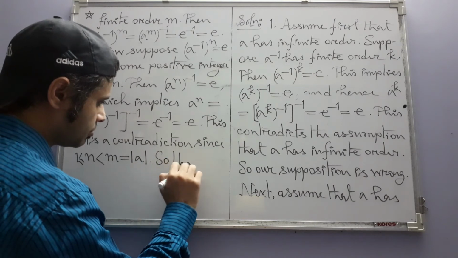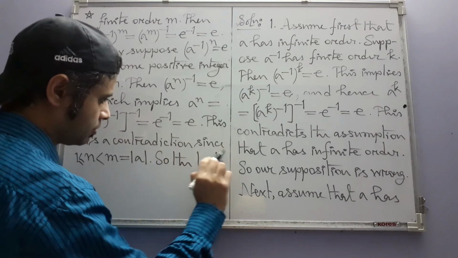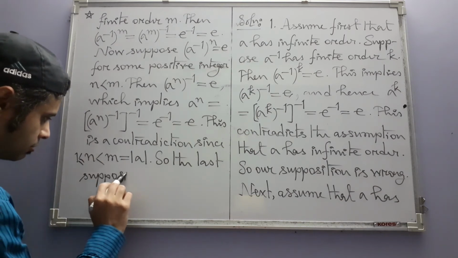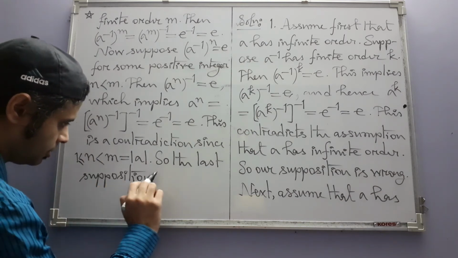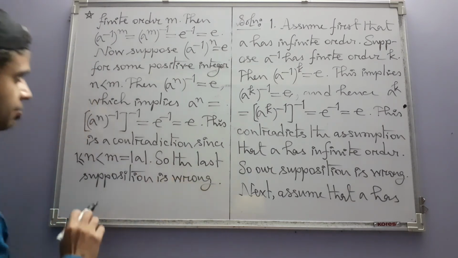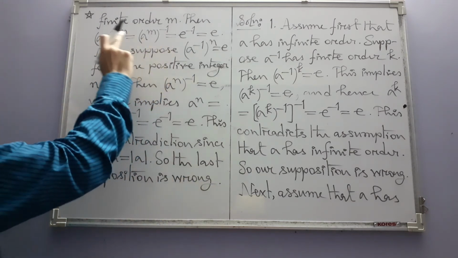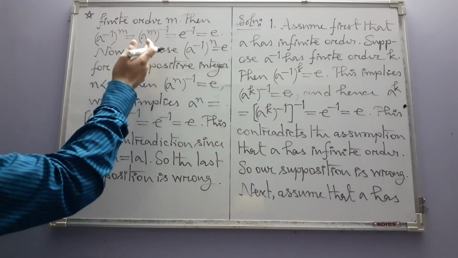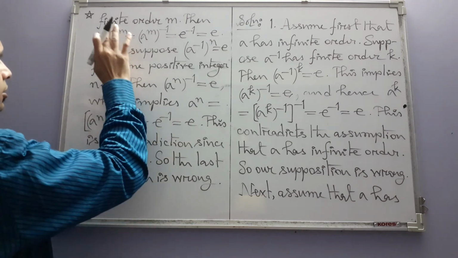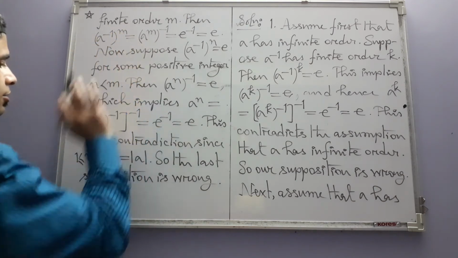So the last supposition is wrong. That means no smaller power of A inverse than A inverse to the power m can be identity. So now we can say for sure that m is also the order of A inverse.